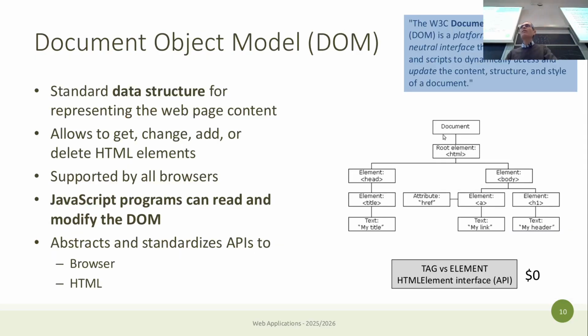And then inside the browser, once the content is loaded, the browser has a representation of this content in memory that is called the document object model. And the good thing is that we will be able to interact with this representation with JavaScript, but next lecture, okay? It's more or less a standardized API, okay?